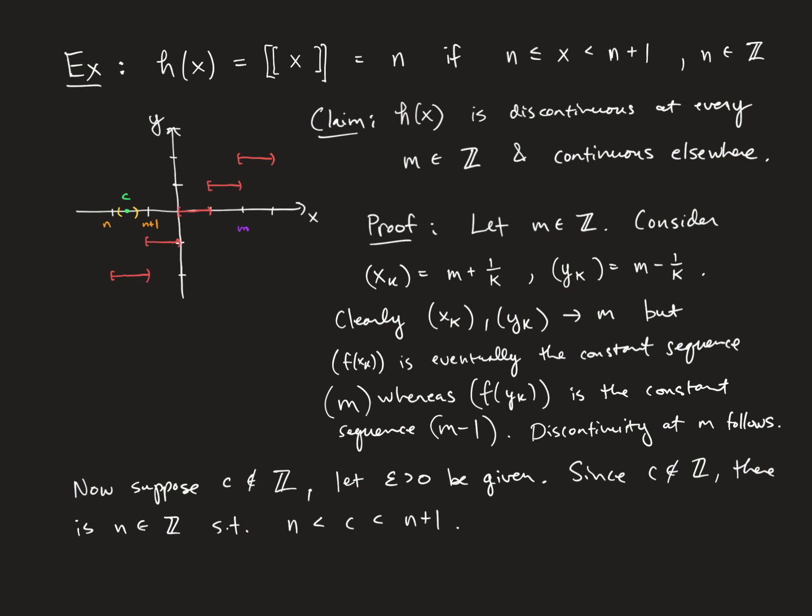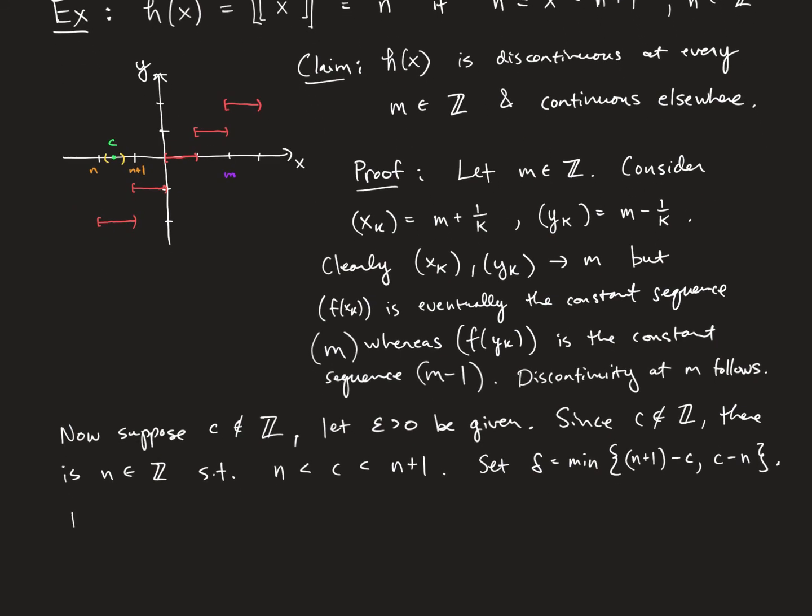So set delta to be the minimum. We'll look at the distance between n plus 1 and C, and the distance between C and n, and then we'll take the minimum of those. So then if the distance between x and C is less than delta, we find that, well, what we want to say is that the distance between f of x and f of c is less than epsilon.